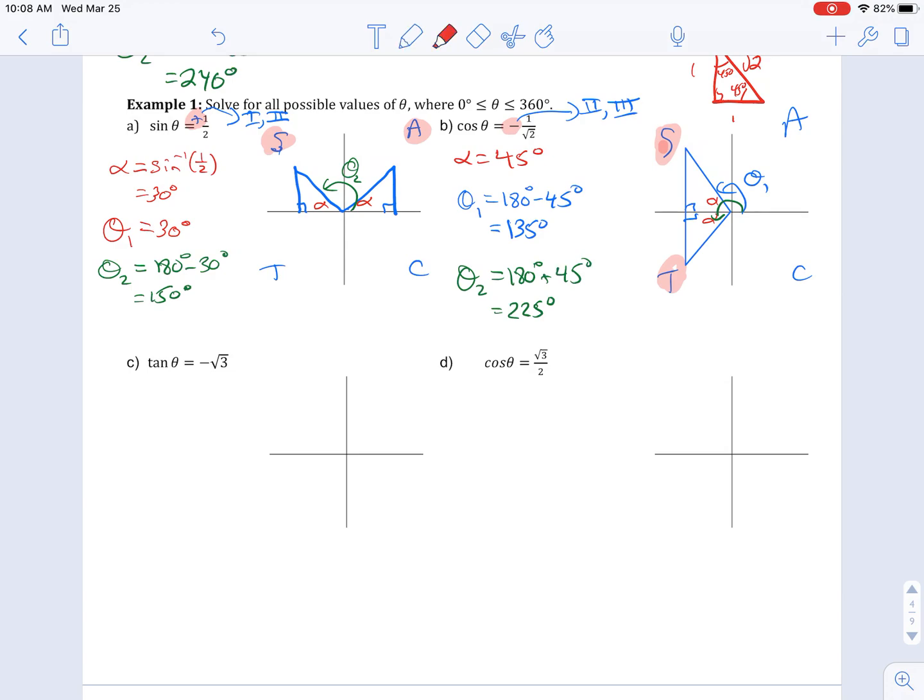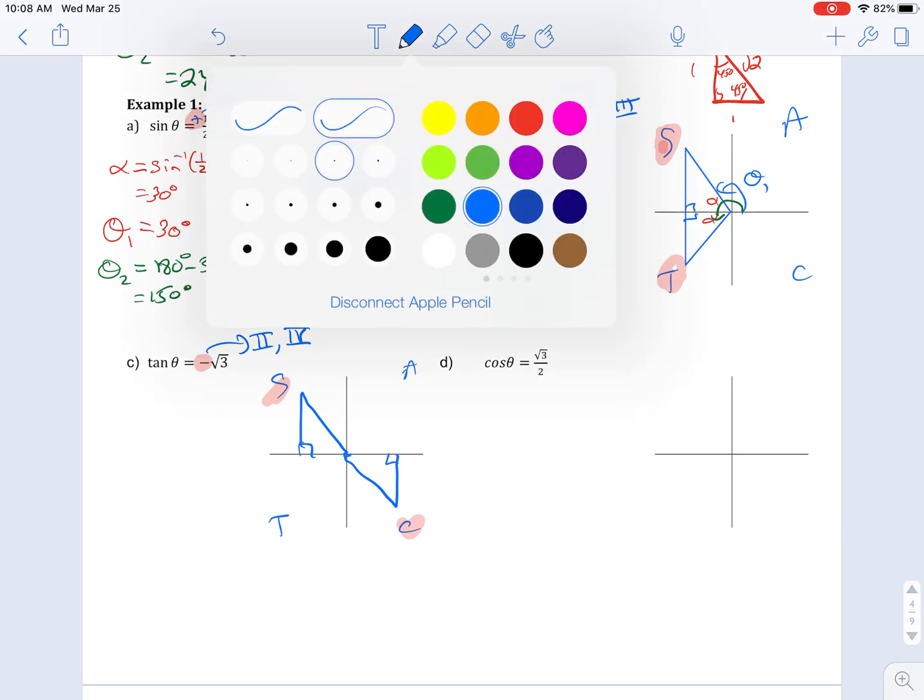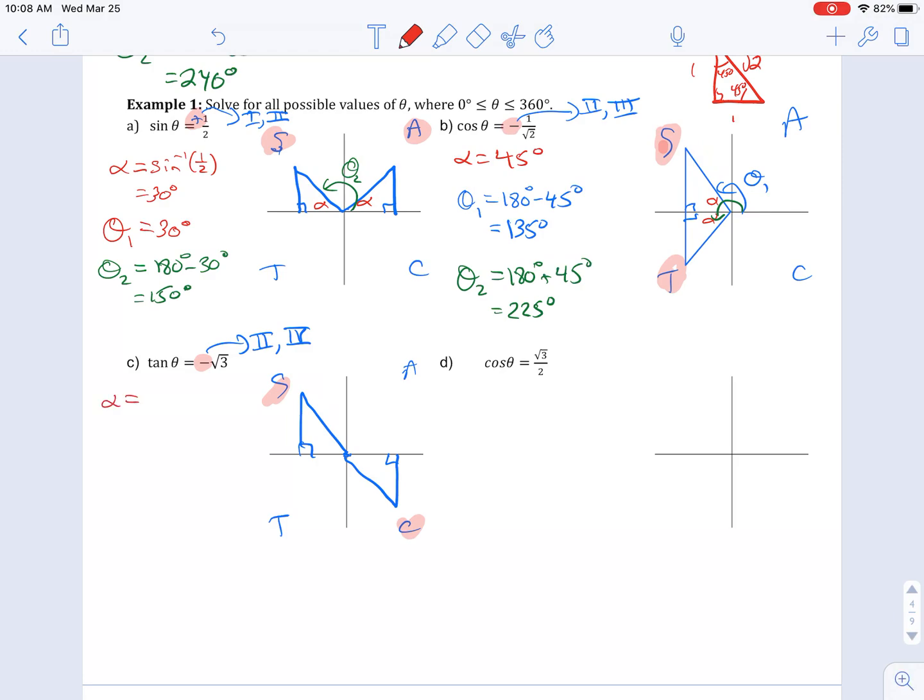So pause the video if you need to. Otherwise, you can follow along if you're still needing more help. So this one, I've got tangent, so CAST. Tangent is negative where? Well, that's quadrants 2 and 4. So that's here. 2 and 4, because it's positive in the other two, in A and C, or A and T rather. So I've got that. Again, if we use a special triangle, or you can use your calculator, you find that alpha is 60.